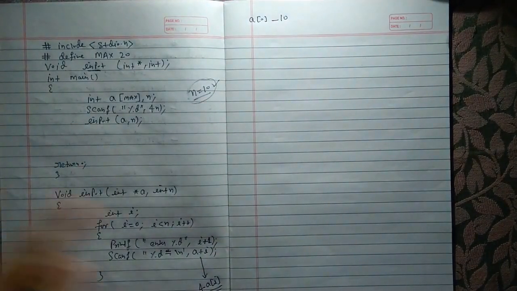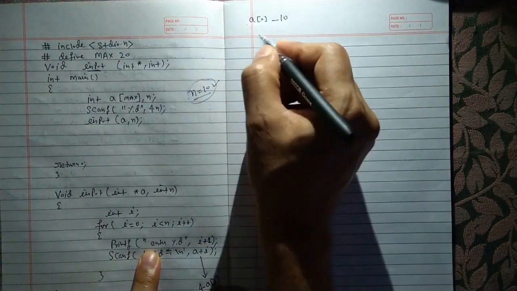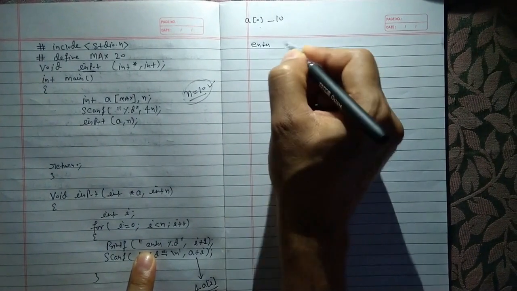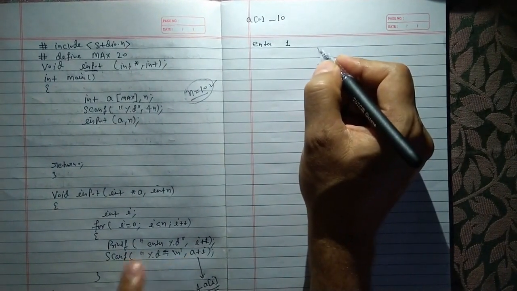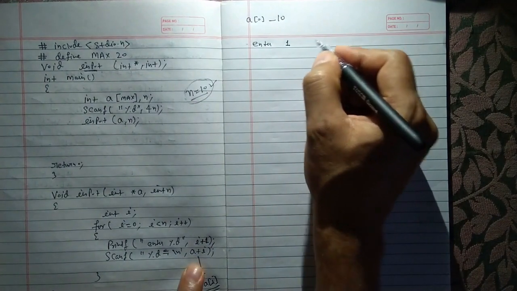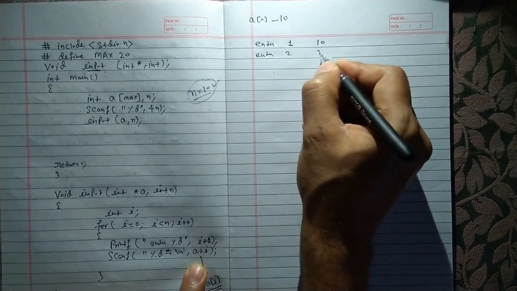Okay. Then again I plus plus, means 1 is less than 10. Yes. Then it will print enter 2. Suppose you input 20.